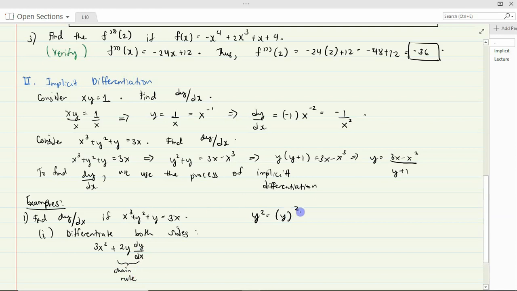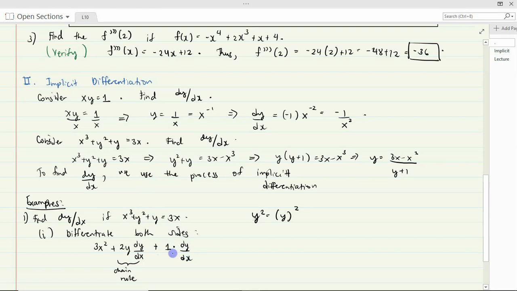Ulitin natin. Pag y squared, ang derivative ay, syempre yung outer function muna yung i-differentiate, yung naka-raise kay 2, that's why you have 2y, times derivative ngayon ng loob, which is dy dx. That's by chain rule, plus, anong derivative ni y? So, pwede nyo isipin na parang x lang, anong derivative ni x? It's just 1. Times derivative ni y, kasi ang y ay function pa, so, dy dx.